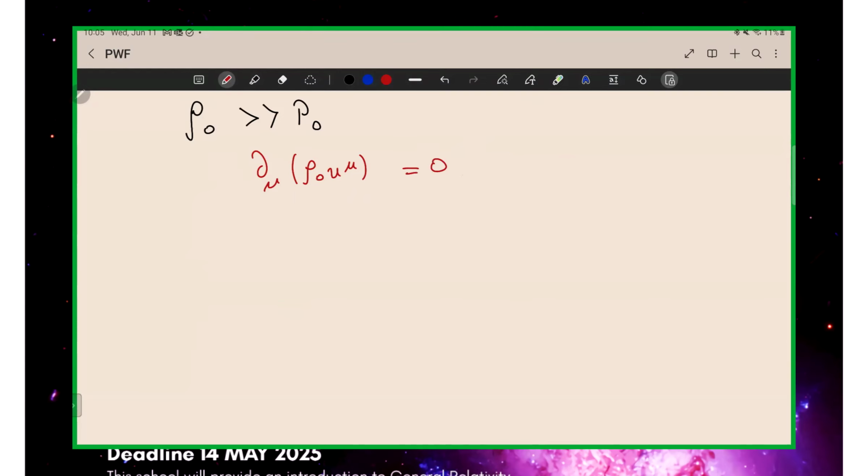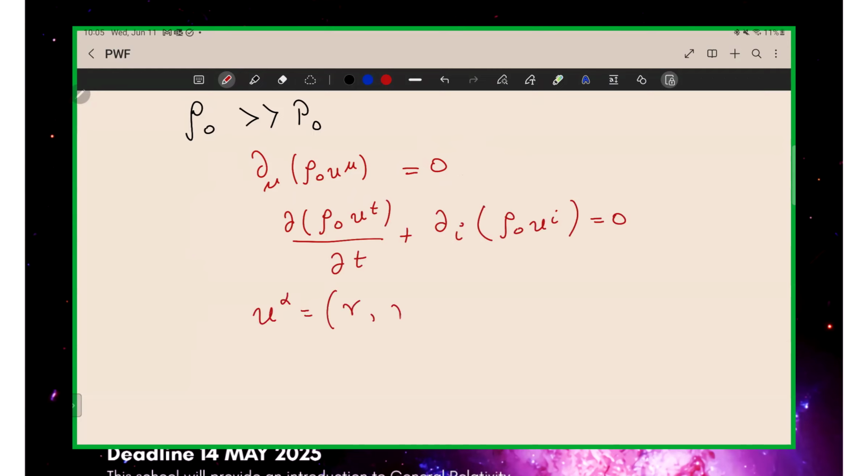But what is this? If you write this down in detail, you get this equation. The index i means it's a space component. In the non-relativistic limit, if I write down u again, I told you earlier that it's equal to gamma and gamma times velocity.